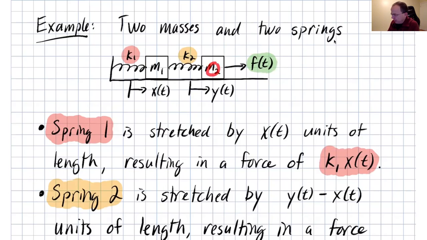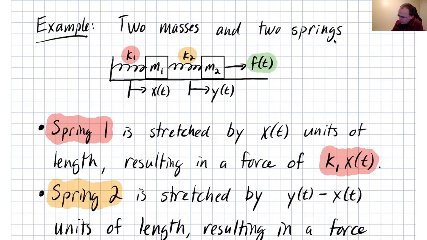But of course, the applications of this are when you maybe have a larger structure like a building, and you're thinking of having a lot of different masses connected together by springs. And so you can imagine how this really scales up to having many, many functions and many equations.